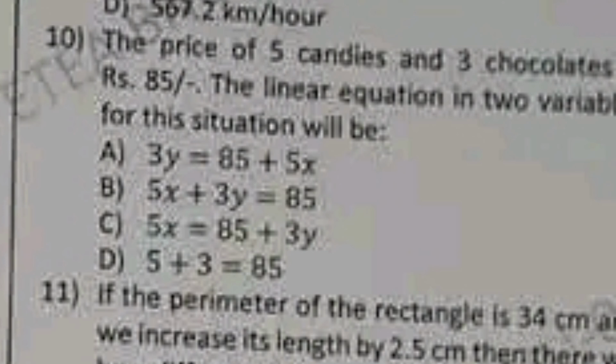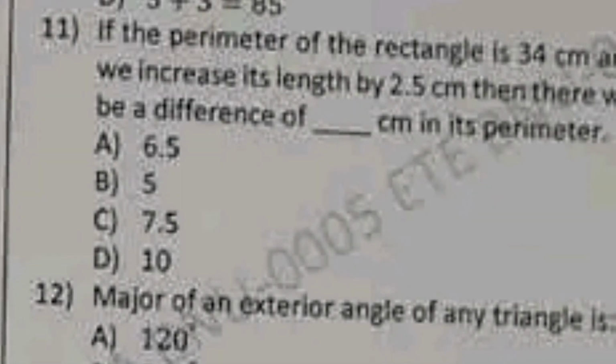The linear equation in two variables for this situation will be, and that is option B, 5x plus 3y is equal to 85. 11. If the perimeter of the rectangle is 34 centimeter, as we increase its length by 2.5 centimeters, then there will be a difference of blank cm in its perimeter, and that is option B, 5.